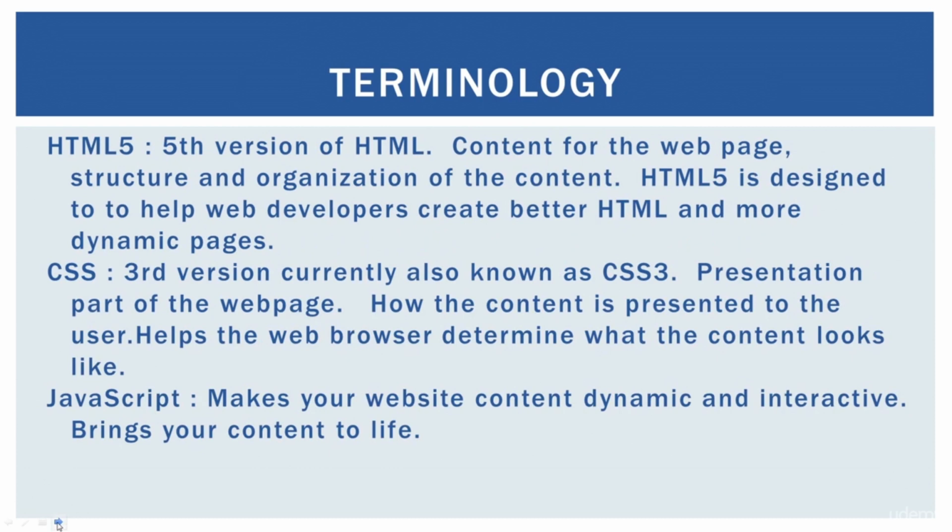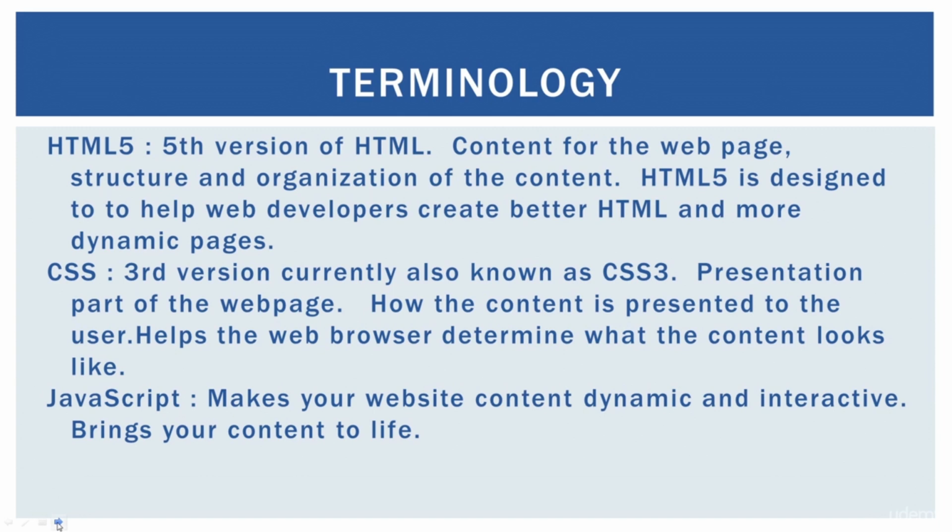And then also briefly what we have already covered: there's HTML5, the latest version of HTML, which gives you better HTML and more dynamic content. There's CSS, Cascading Style Sheets, and right now CSS is on its 3rd version, so sometimes you might see CSS3 along with HTML5. It's the presentation part of your web page, basically how the content is presented to the user.